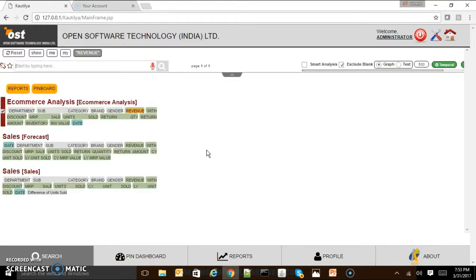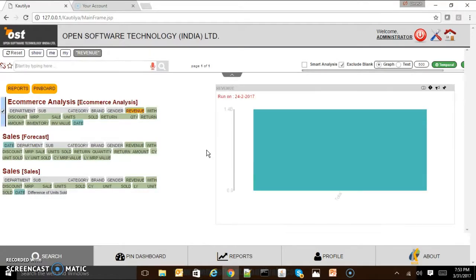It parses through the data and comes up with a report called e-commerce, where it has three kinds of columns: the gray ones which are primarily text columns, the green ones which are the numericals, and the blue ones which are your date columns. It has parsed through that and comes out with the answer over here, and it says that the net revenue that I have is around $1.4 billion.